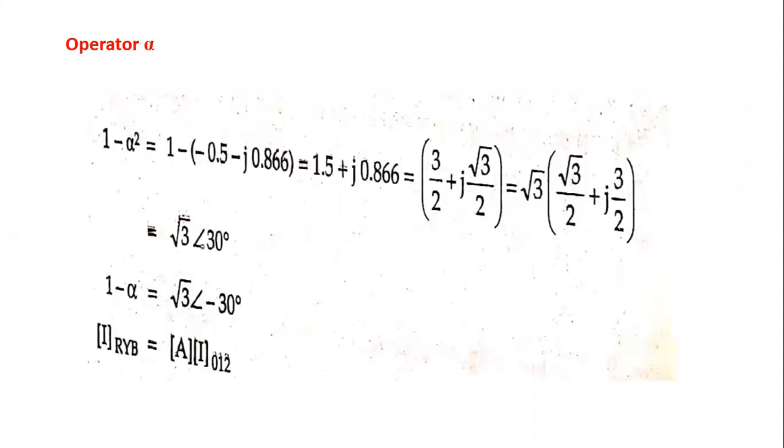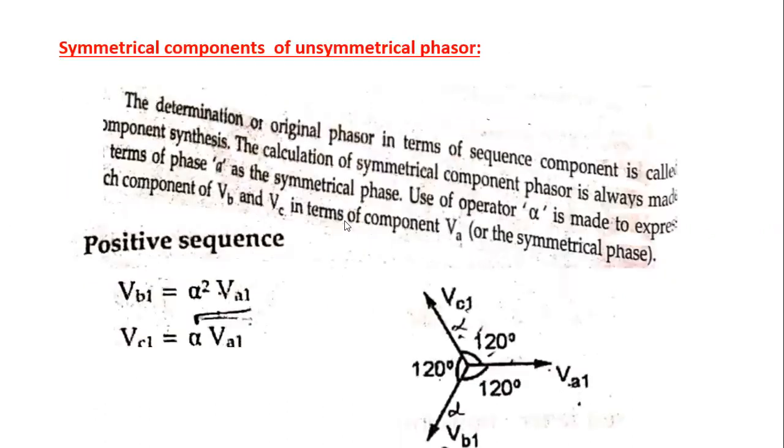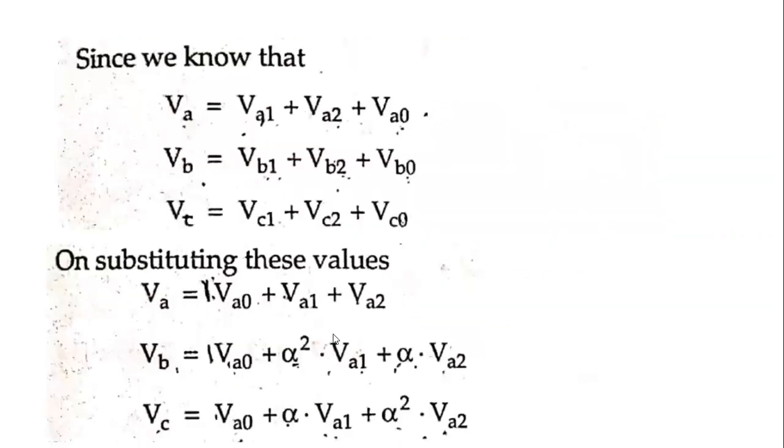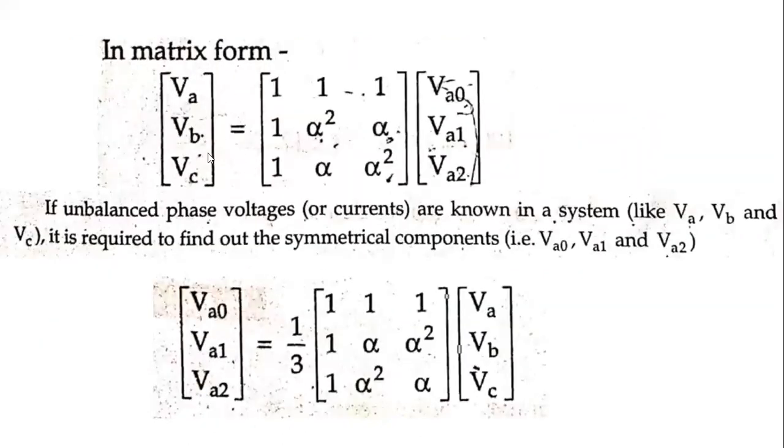By using symmetrical component analysis, we can easily find the fault currents and voltages, using the positive sequence, negative sequence, and zero sequence components. That is the main use of symmetrical components, and these are the symmetrical components for the unsymmetrical phasor voltage equations, written in the form of a matrix.